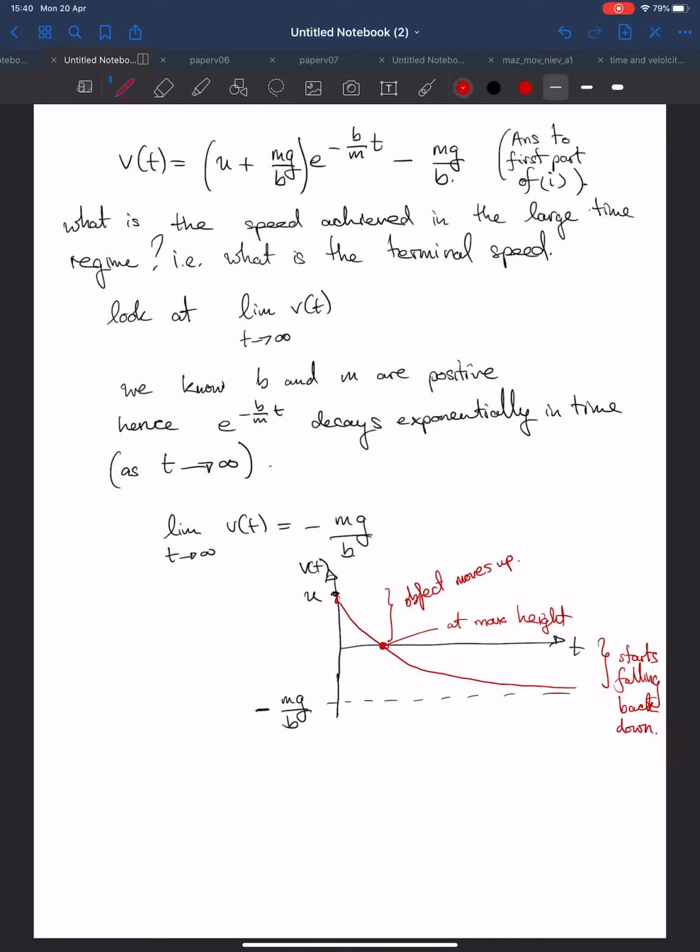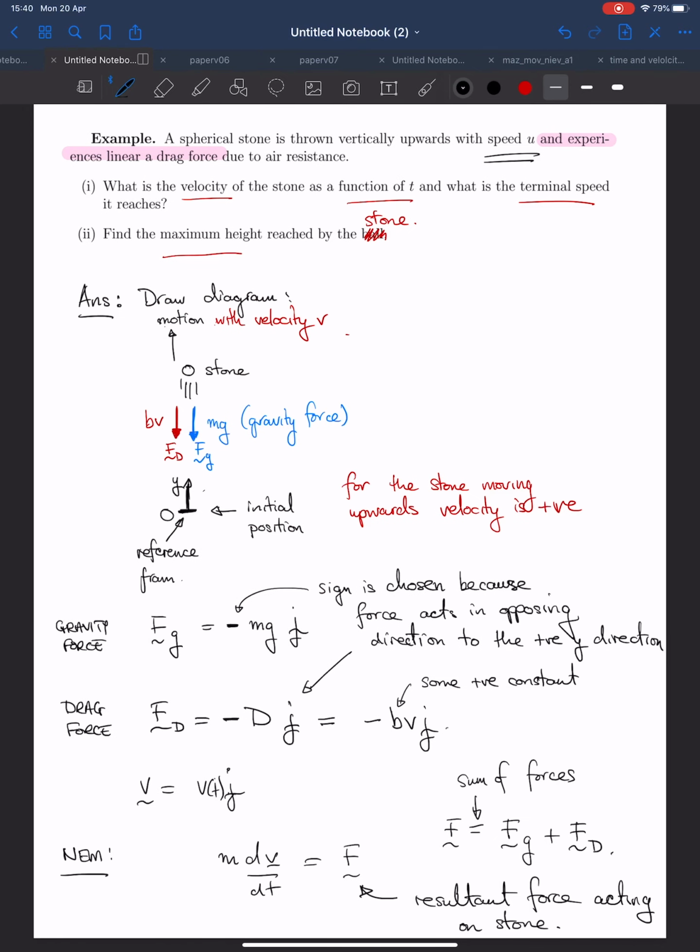Okay, good. Now, what about the next part? Well, the next part asks us to find the maximum height reached by the stone. Okay, so here we go. Find maximum height reached by stone.